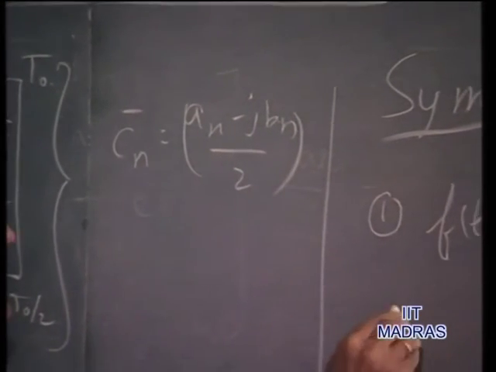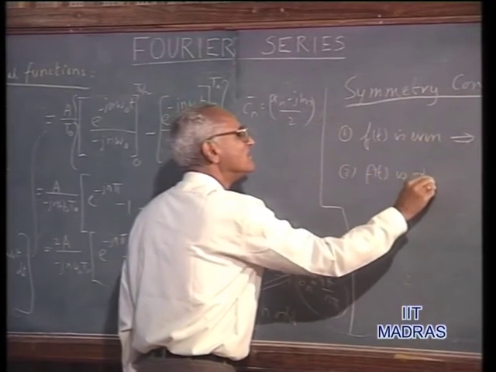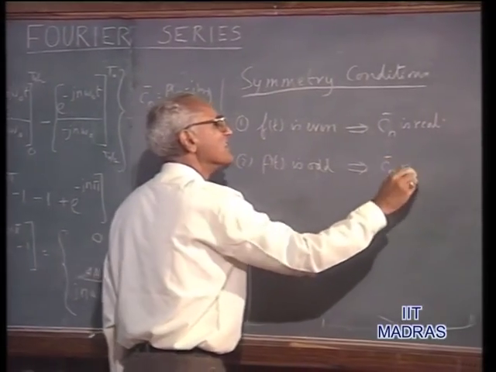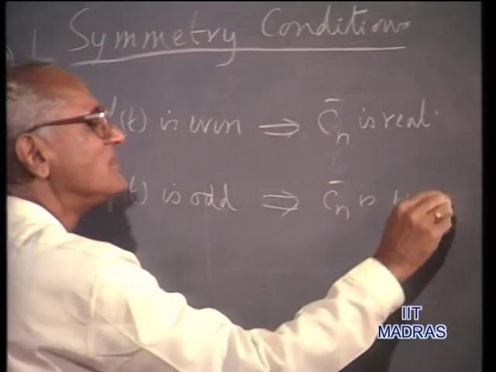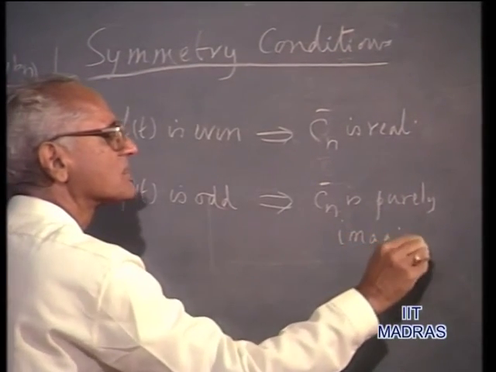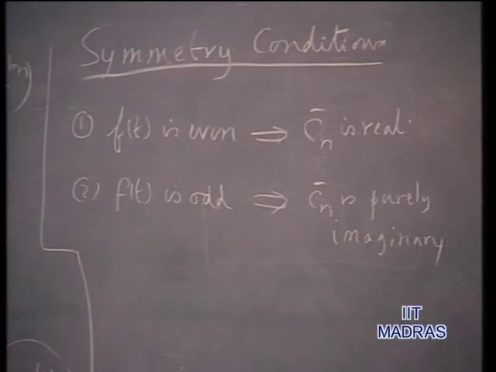If f of t is odd, then of course Cn is purely imaginary. You have the bn terms but no an terms.